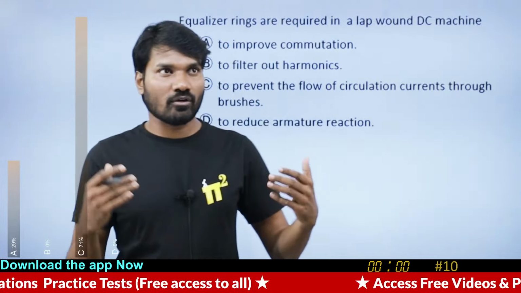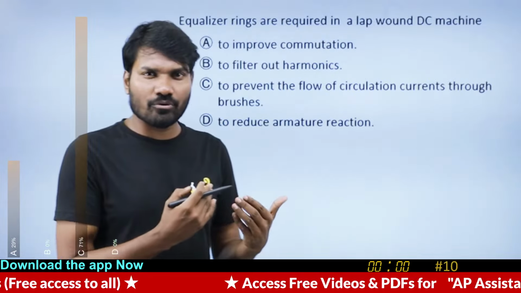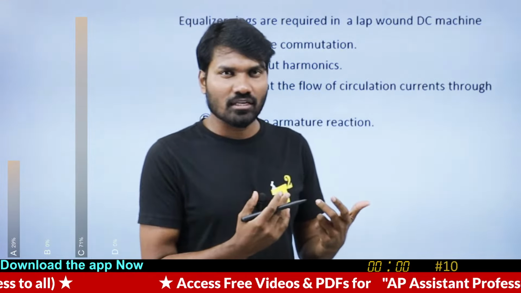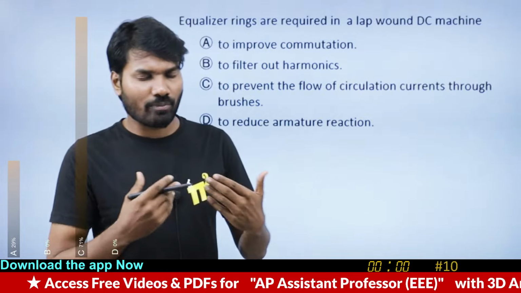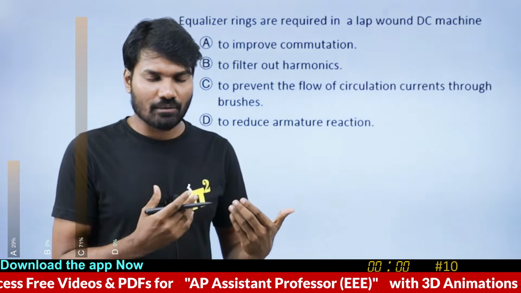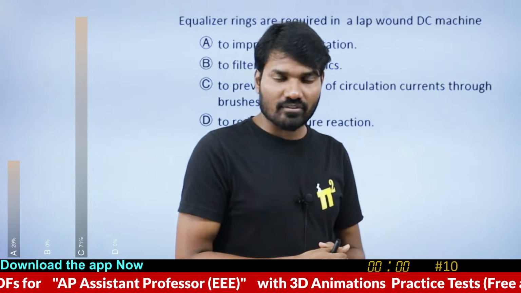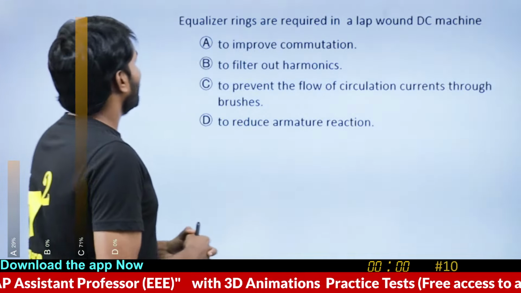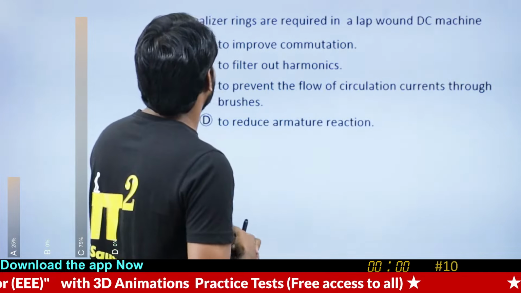You have to recall some of the attributes of lap and wave when practicing questions. In case of wave and lap, number of brushes equals number of poles, and number of parallel paths equals 2 for wave winding. All these things you have to recall during practice, not in the exam. That is going to waste your time.